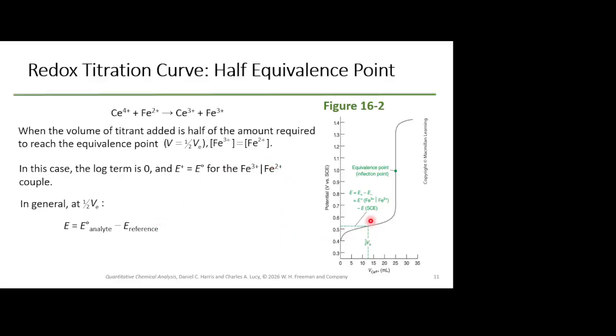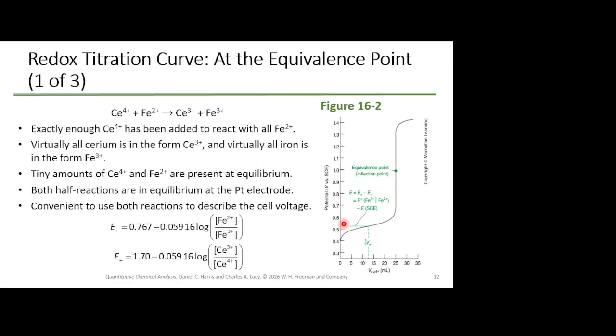Because at the 1/2 equivalence point, we have the voltage, which is the standard voltage of the system, because our concentrations cancel out. So that's just going to give you the E naught of your analyte, the thing you're measuring, minus that reference electrode, because we're never starting at 0 for our references, right? We're always starting at something.